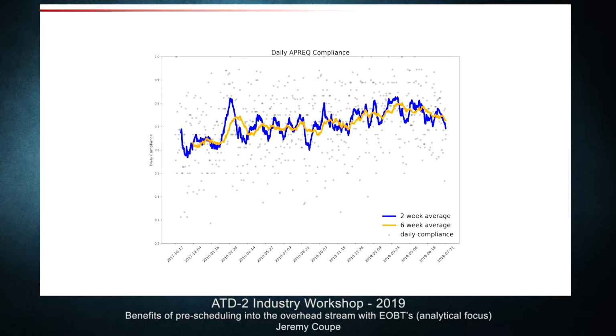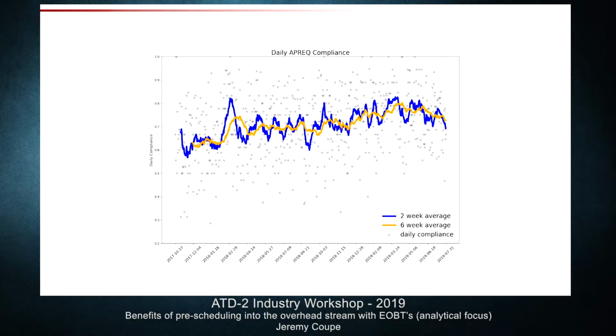But again, this is just the 35,000 foot view of APREQ compliance into Atlanta Airport. And we see the same general trend of compliance increasing throughout the life cycle of the project, and also predictability increasing. You can see here the gray dots are really tightening up.